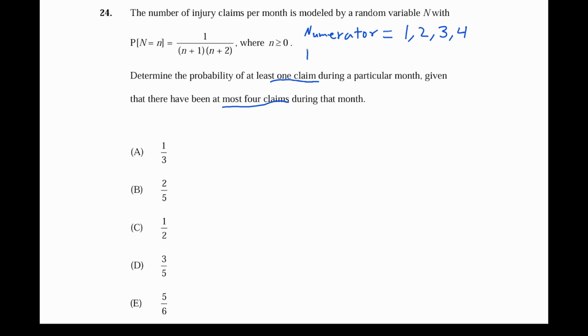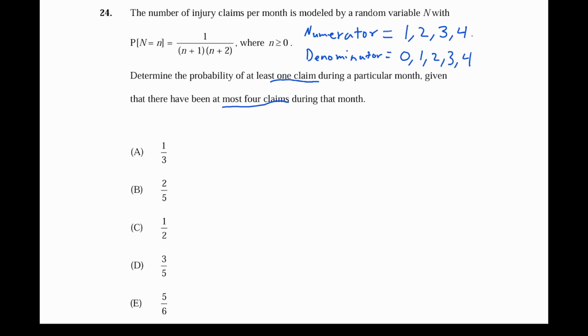Now the denominator scenarios are going to have at most four claims, right? So we're going to have a scenario that we have 0 claims in a month, 1 claim in a month, 2 claims in a month, 3 claims, and 4 claims.